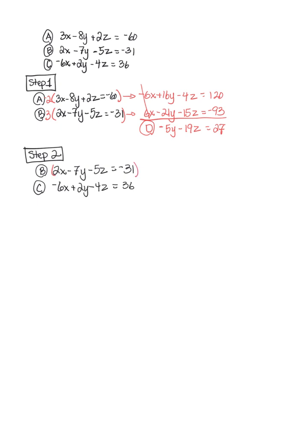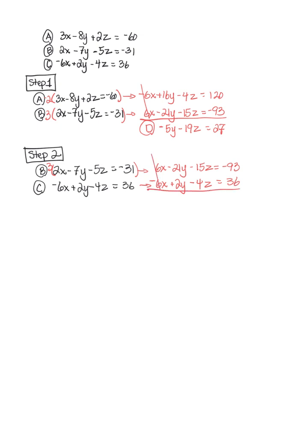Okay, so this one then, I'm going to need to multiply by a 3. If I do that, I end up with 6x minus 21y minus 15z equals negative 93. And then this one is a positive 6x, I'm sorry, negative 6x plus 2y minus 4z equals 36.